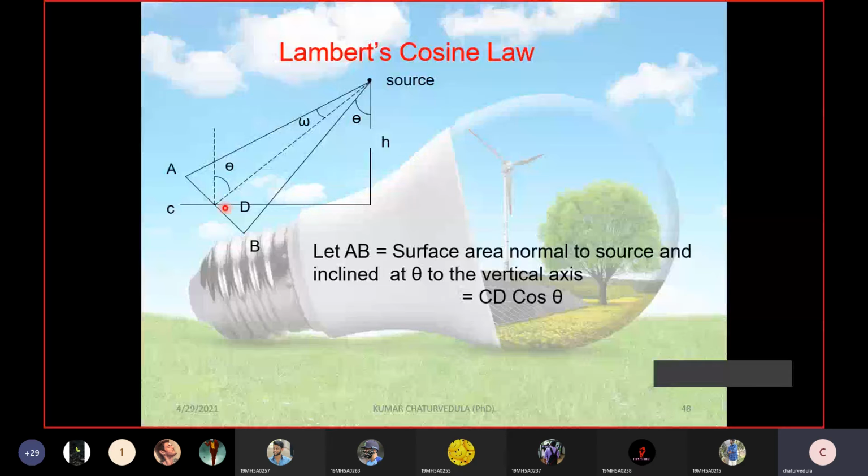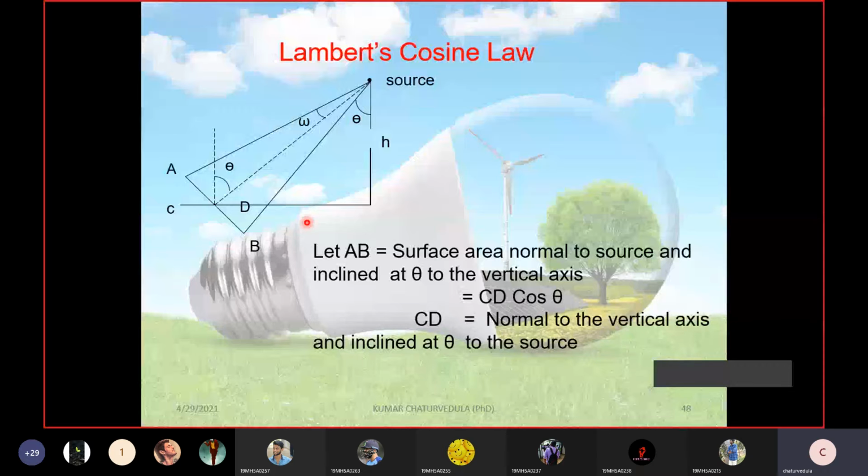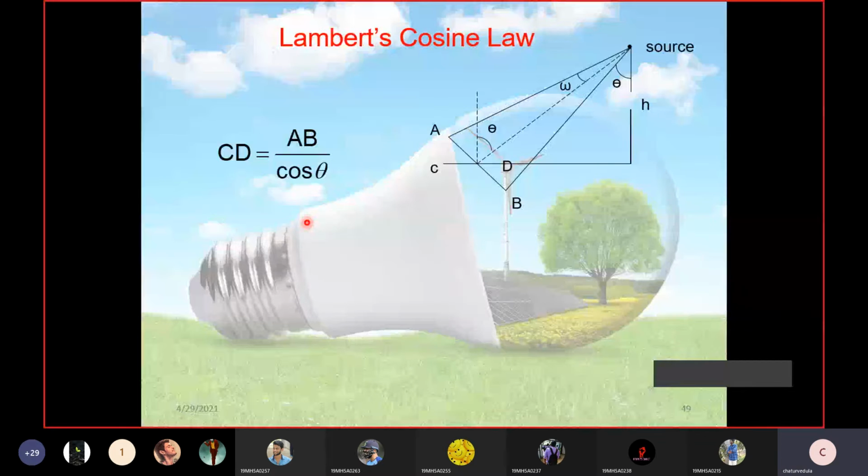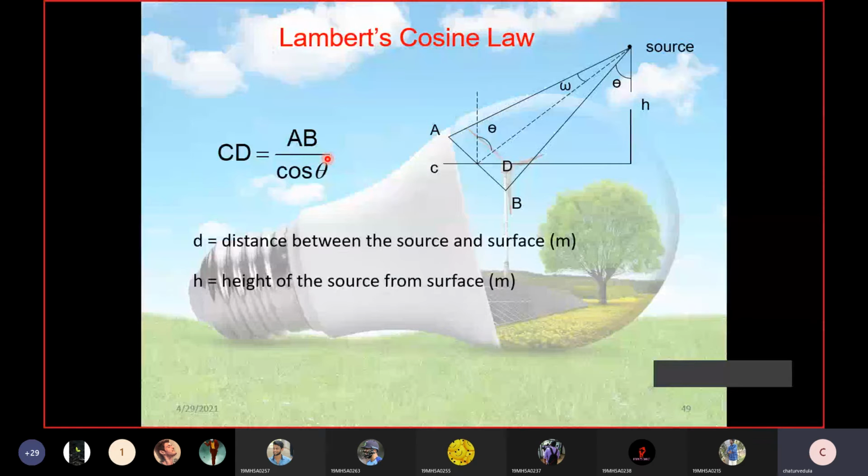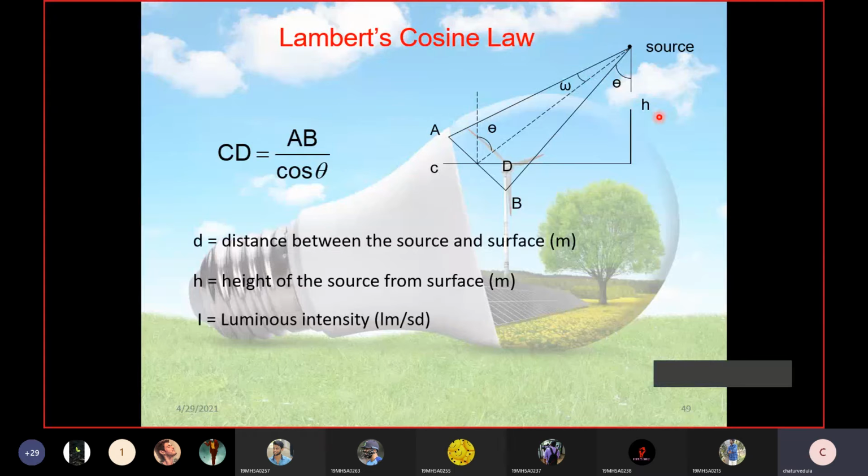So CD is equal to AB by cos theta. D is the distance between the surface and the source, which is in meters, and H is the height. Then I is the luminous intensity, and omega is your solid angle.